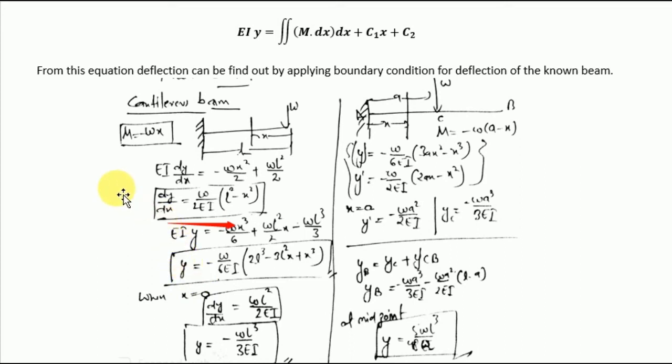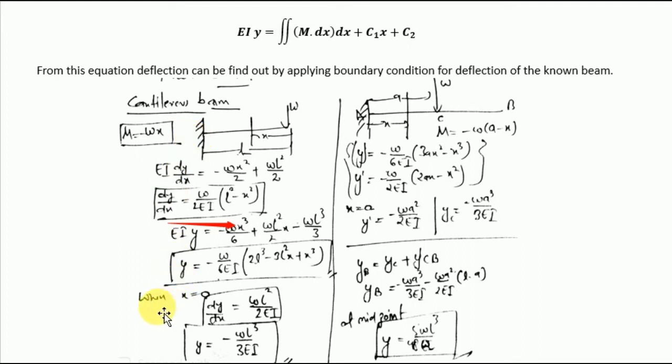Now we have an equation for slope and an equation for y, which is deflection. The only thing left is to place the variable values, which here is x. If we put the value of x as 0 or as l, then we have the deflection and slope at two different points.